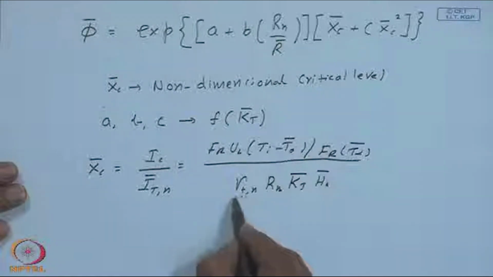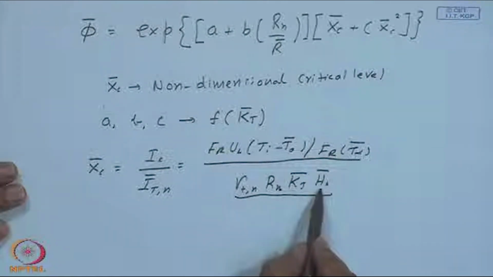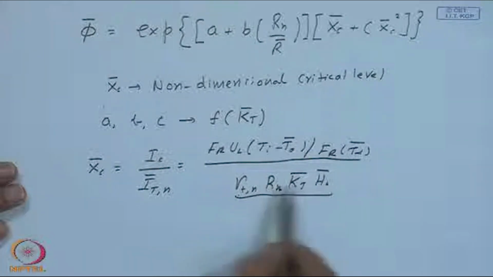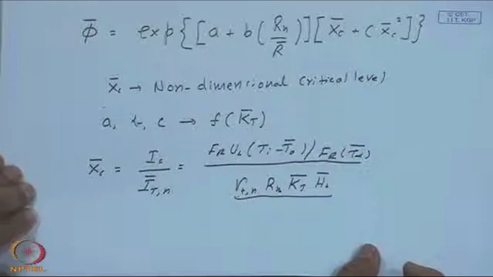Okay, you can see that this is nothing but the noontime radiation. KT bar into H0 bar is going to give you H bar, that multiplied by RT at the noontime will be I at the noontime multiplied by the corresponding tilt factor for the orientation of the collector that is considered.